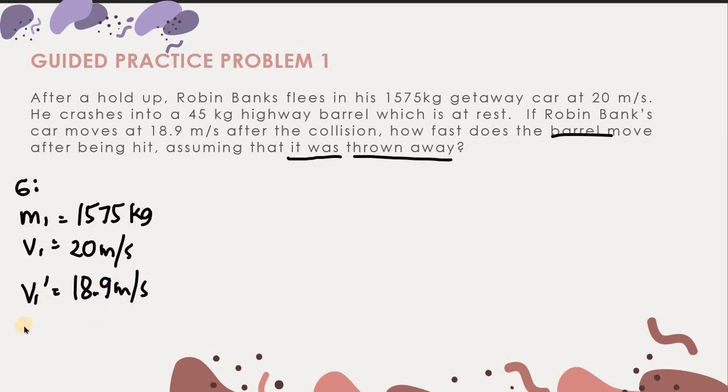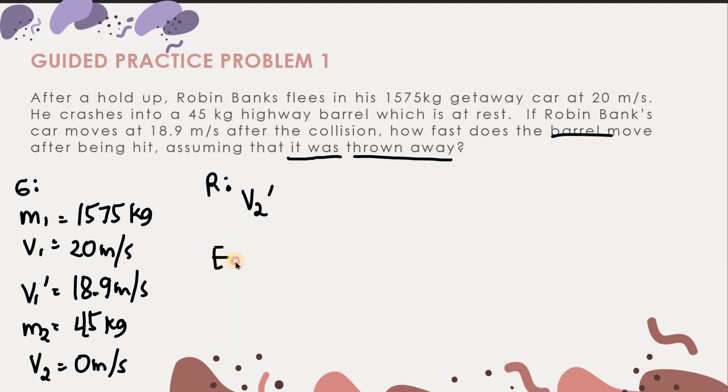The second object will have the subscript 2. Its mass is 45 kilogram. It's actually heavy. And it is at rest, so its velocity is 0 meter per second. And you are asked to find how fast the barrel moves after being hit, so that will be your V2 prime.